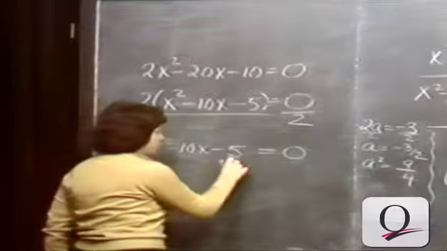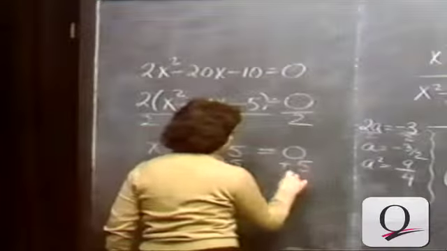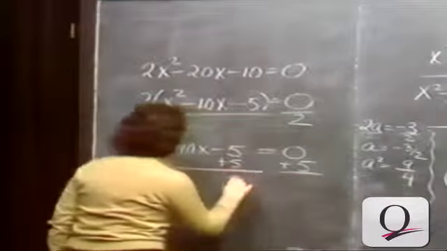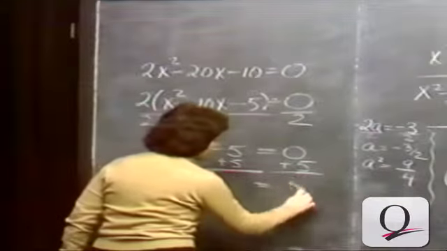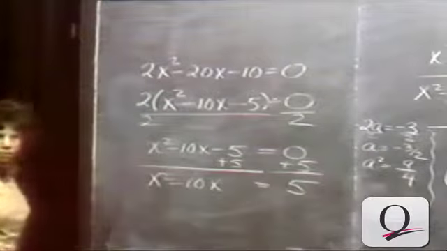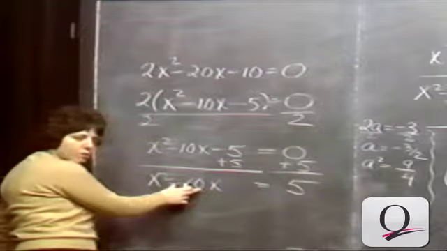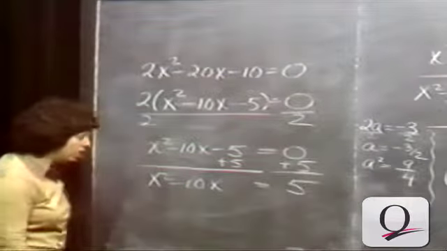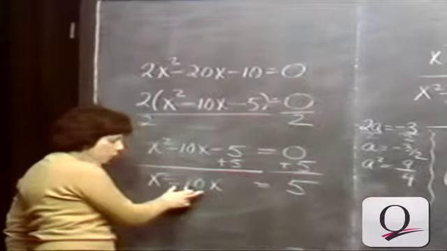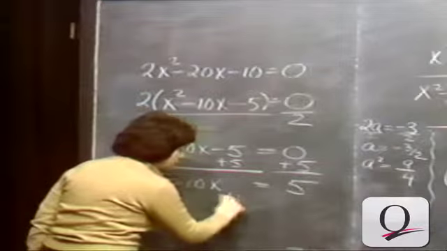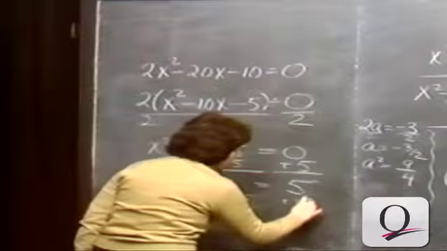We will add 5 to both sides. This gives us x squared minus 10x equals 5. To complete the square, we must add half of this number squared to both sides. Half of minus 10 is minus 5. Squared, it's plus 25. That must be added to both sides.